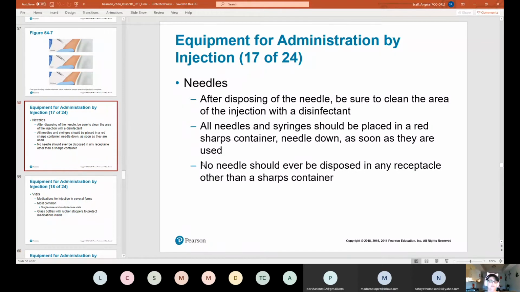When we're finished with our needle, one of the very first things I would have you do in lab is immediately place it in the sharps. I've had a lot of people question this, even other instructors, because even during blood draws, your patient might be sitting there, you put the gauze, right?